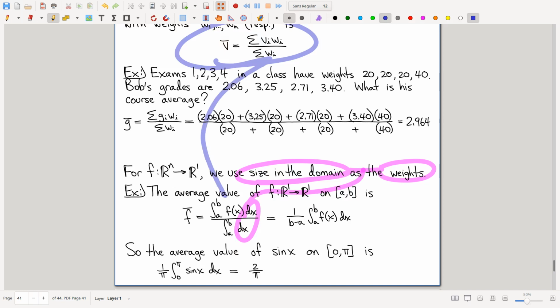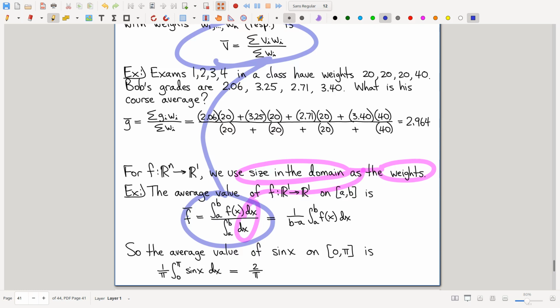That and that, not that different. We're still adding up. We're still looking at the values that I'm going to average. We're still multiplying those by the weights. Keep in mind, size in the domain, dx, is the weight. And then I'm adding up the total weights. Well, again, size in the domain. So this is just a copycat of this existing idea of a weighted average.